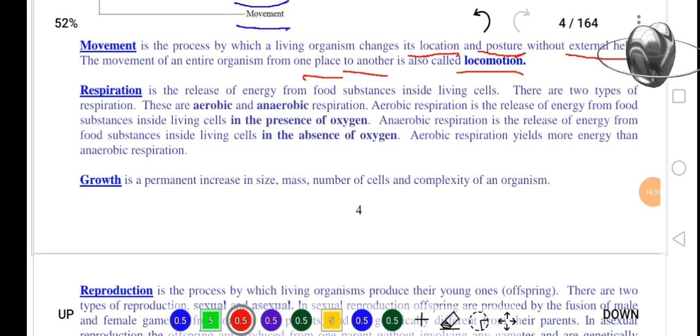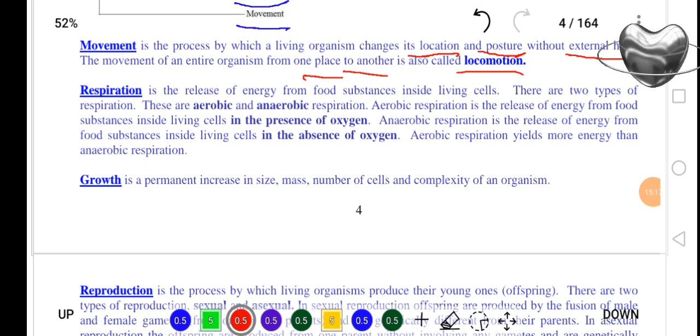So the way we move as human beings or other living organisms that are not plants is different from how plants respond to stimulus. But plants are living organisms because they have parts that are able to move.